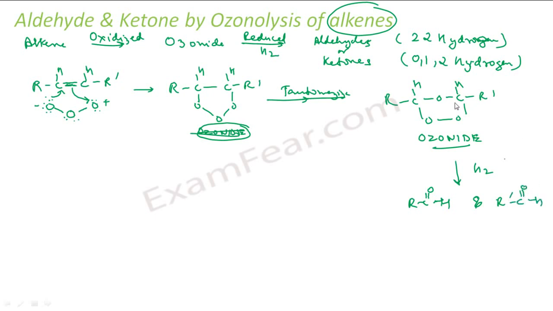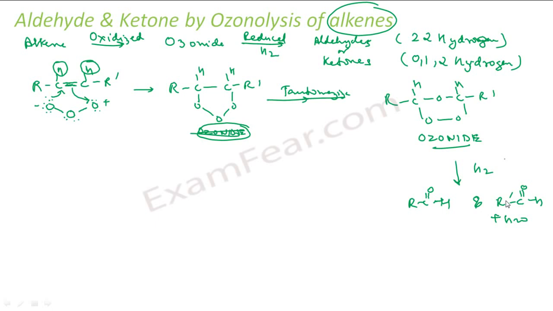What happens is this becomes double bond and OH, and this becomes double bond and OH. This goes off. Correct? It also gives water as output. So here it had 2 alpha hydrogen, this and this. The output I got is aldehyde itself. I got only aldehyde as the output.